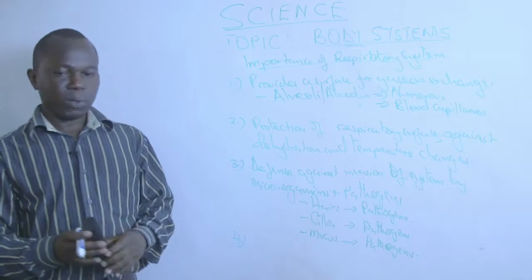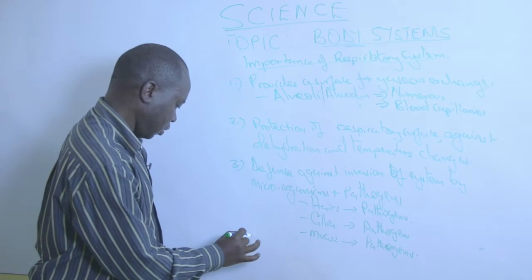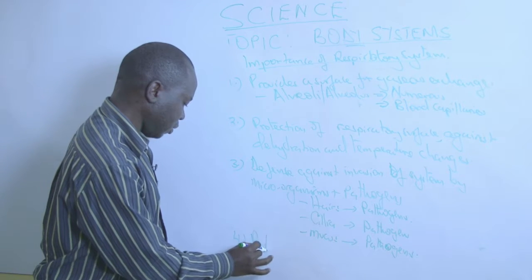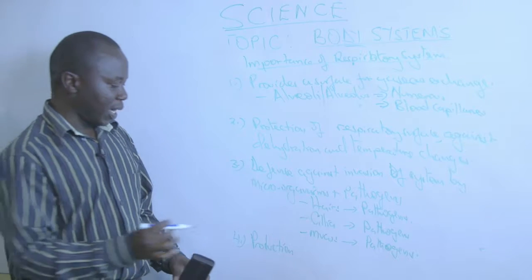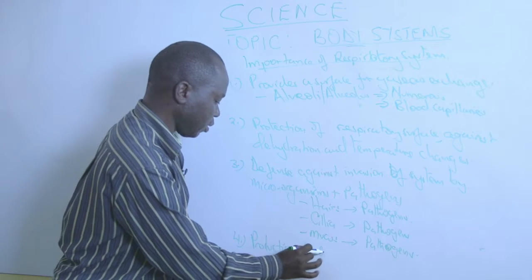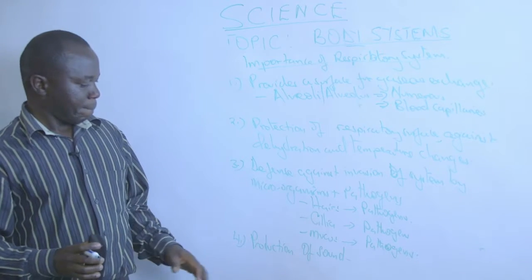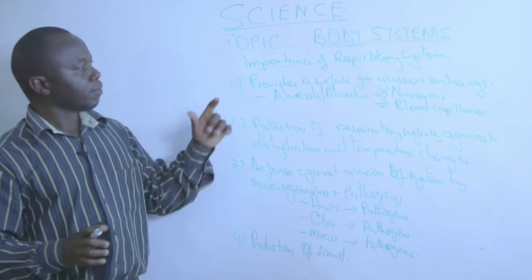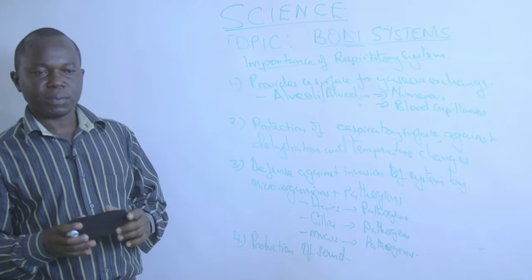Another role, we looked at the voice box. When I mention voice box, you can easily link to function, production of sound. I want you to mention a structure in the respiratory system that is involved in production of sound.